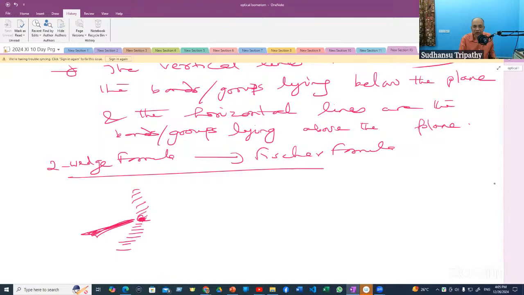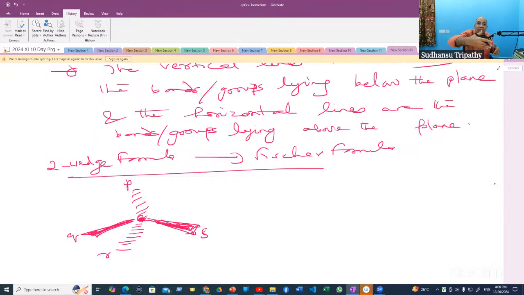This is one wedge above the plane, the other wedge below the plane. Supposing this is P, Q, R, S. Now, imagine P and R are lying below the plane, and they are vertical. And Q and S are lying above the plane and horizontal. We have kept them that way.